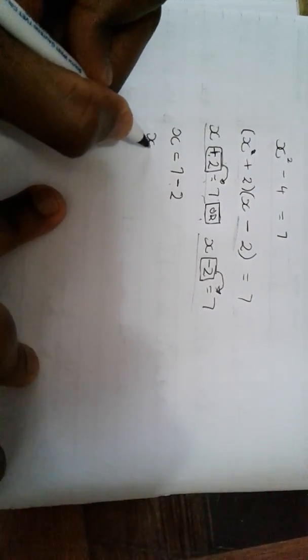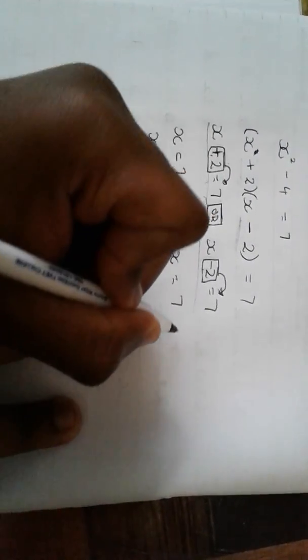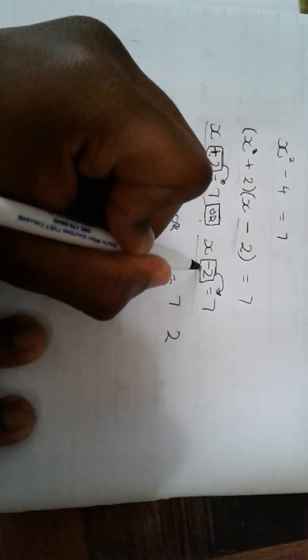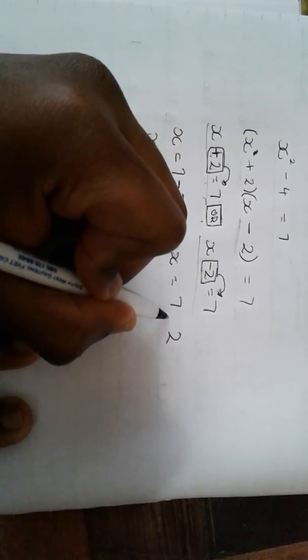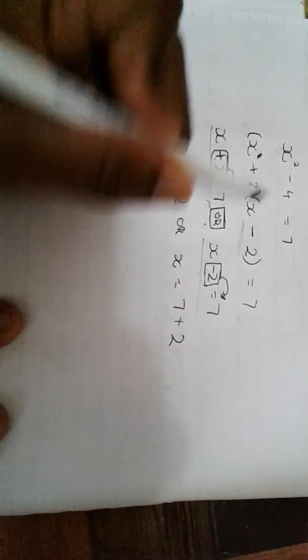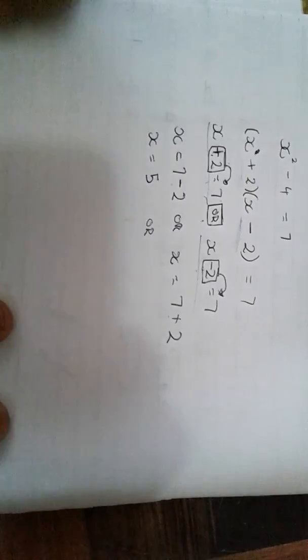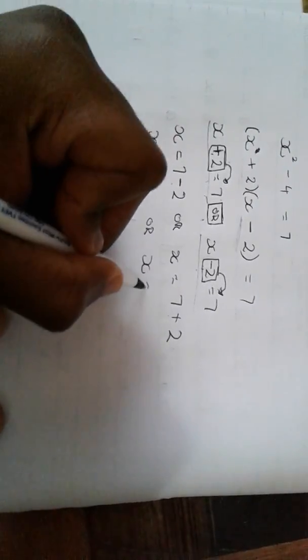So what you get is that your x is 5, or if you take this one to the other side, it's going to be x is equal to 7 and 2. Is this one positive or negative? Positive, because it was negative and it jumped the equal sign. And then your x is going to be 7 plus 2, 9.